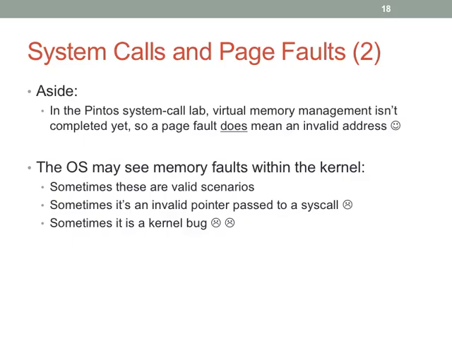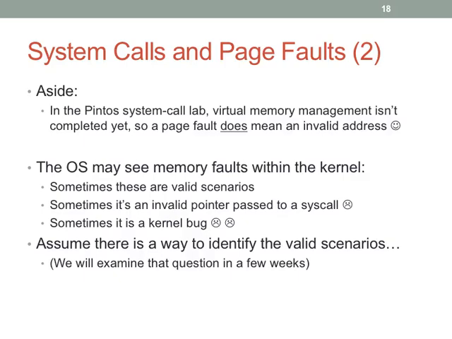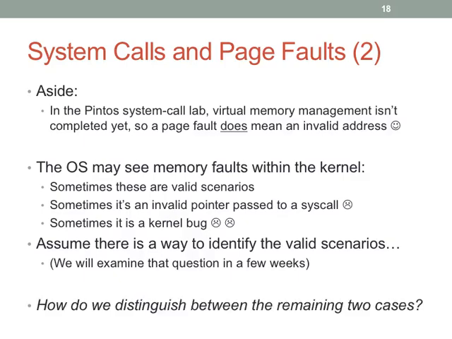So here's the interesting question: how do we figure out which of these circumstances it is? We're going to assume that I can identify the valid scenarios, but how can I tell when I have a kernel bug or an invalid pointer?